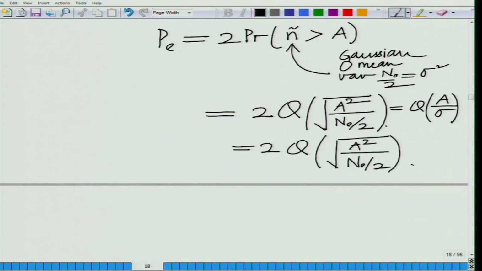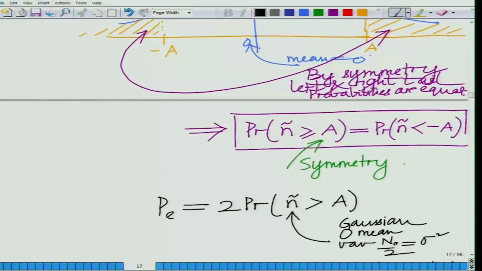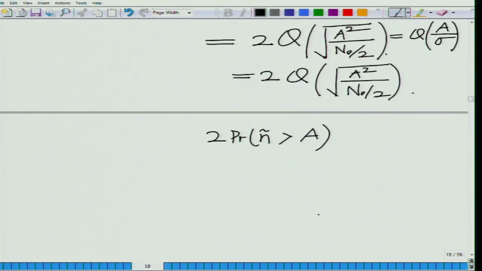There is also another way to see this. The probability that n tilde is greater than a, or greater than or equal to a, is one and the same thing. So I can write this as twice the probability that n tilde over sigma is greater than a over sigma.